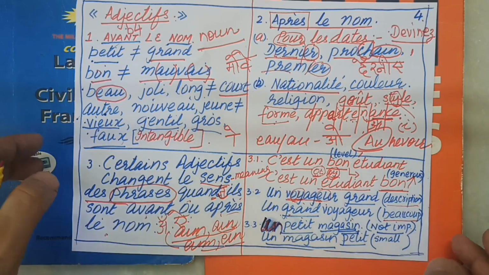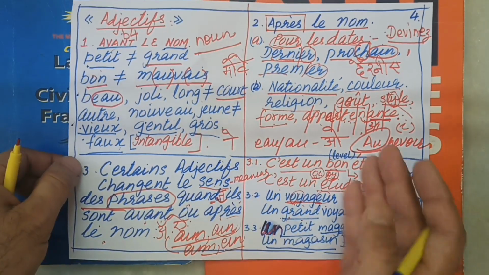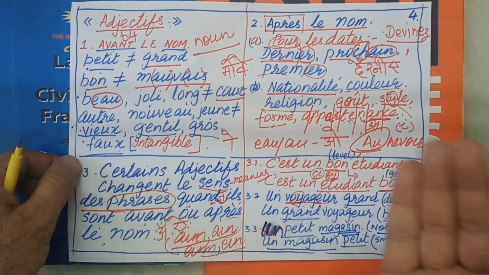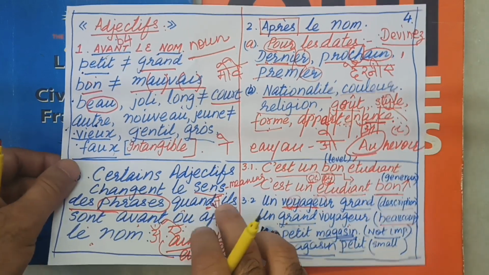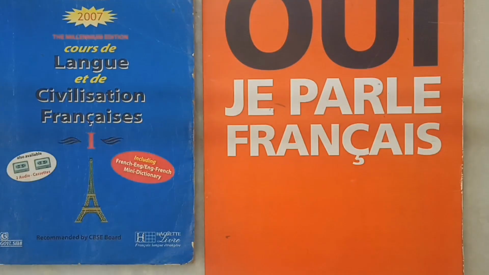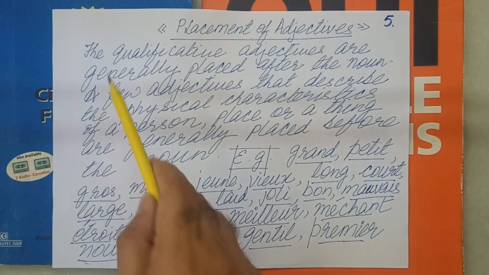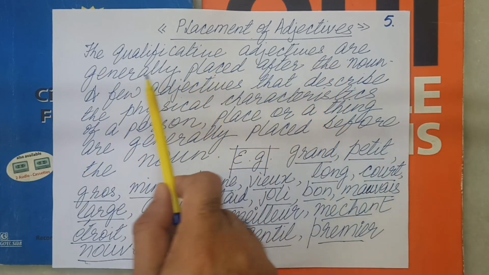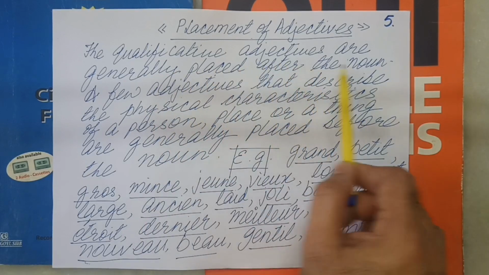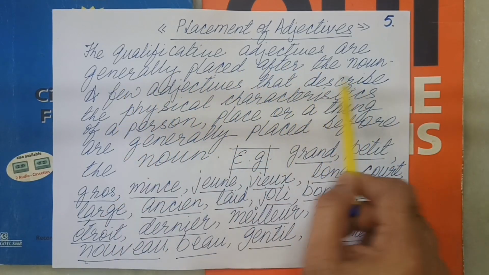So this was about the placement of some adjectives. If you put before, the meaning is different. If you put after the noun, then its meaning will also change. This is what I have written here for you in sheet number 5, the placement of adjectives. The qualificative adjectives are generally placed after the noun.